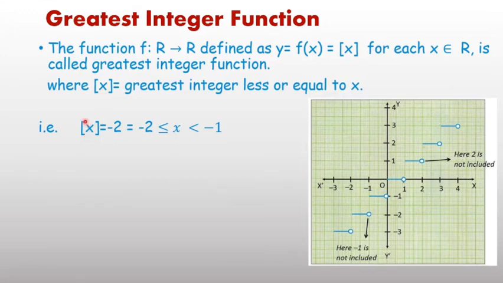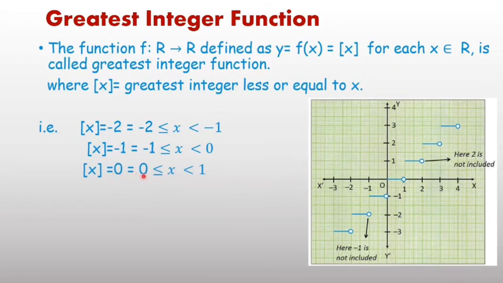Same pattern written here. The value is minus 2 if x is greater than or equal to minus 2 and less than minus 1. Similarly, its value is minus 1 if x is greater than or equal to minus 1 and less than 0.